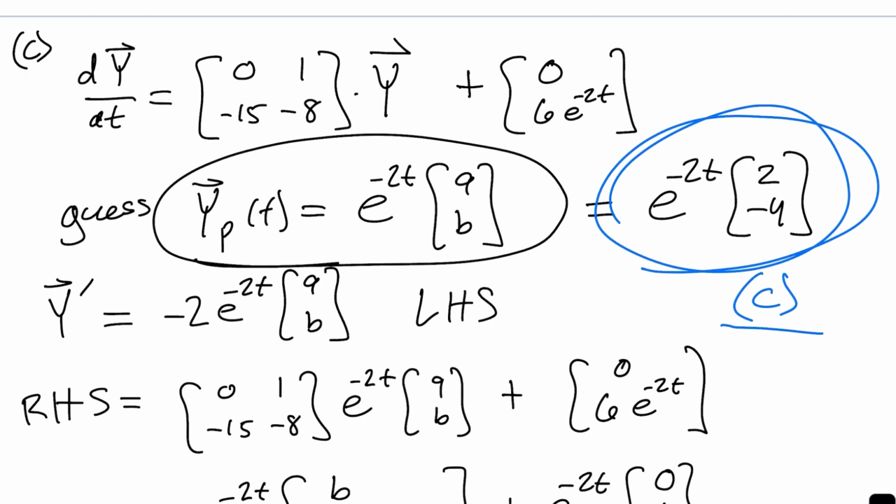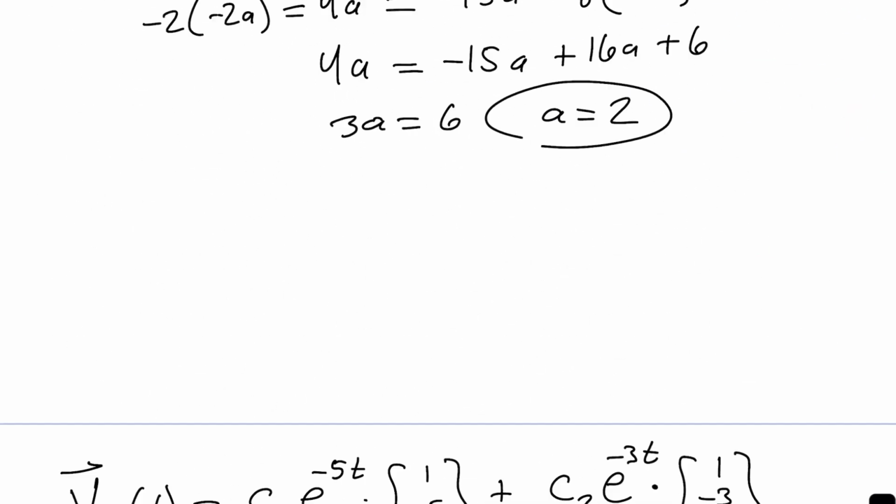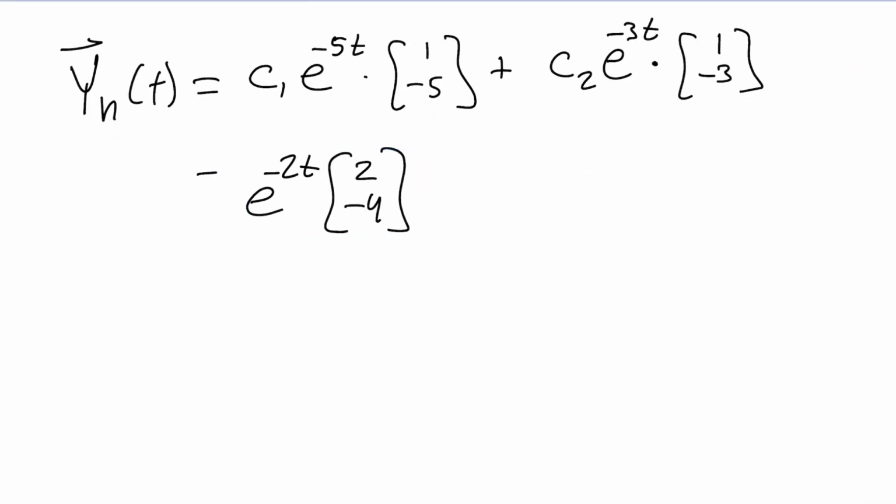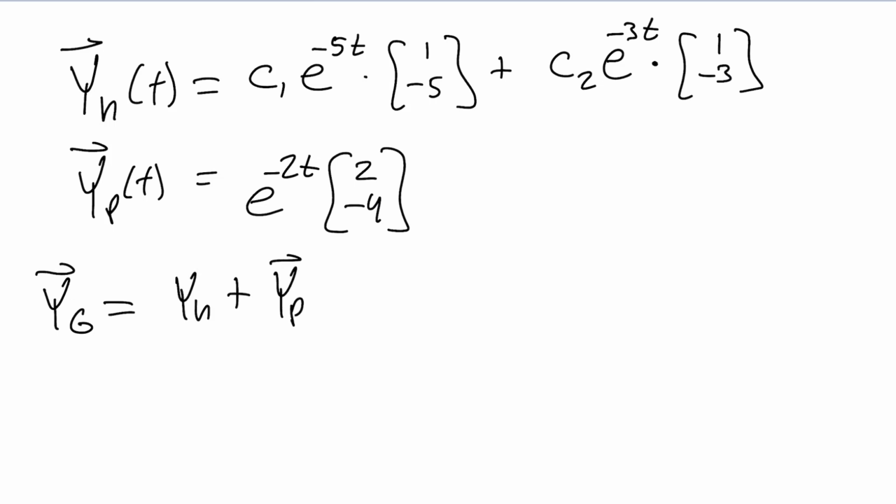We just found that particular solution right here. And so the sum of them will be the general solution. So y_G, general solution, is y_H plus y_P.